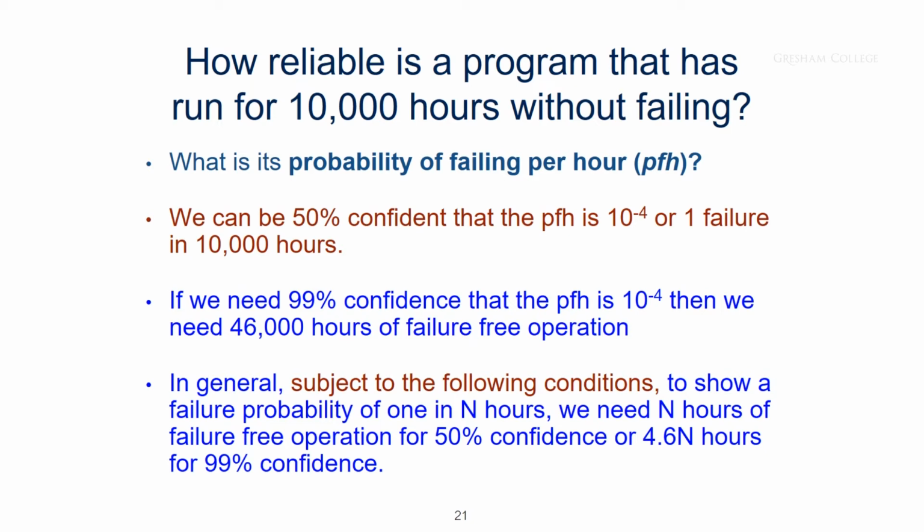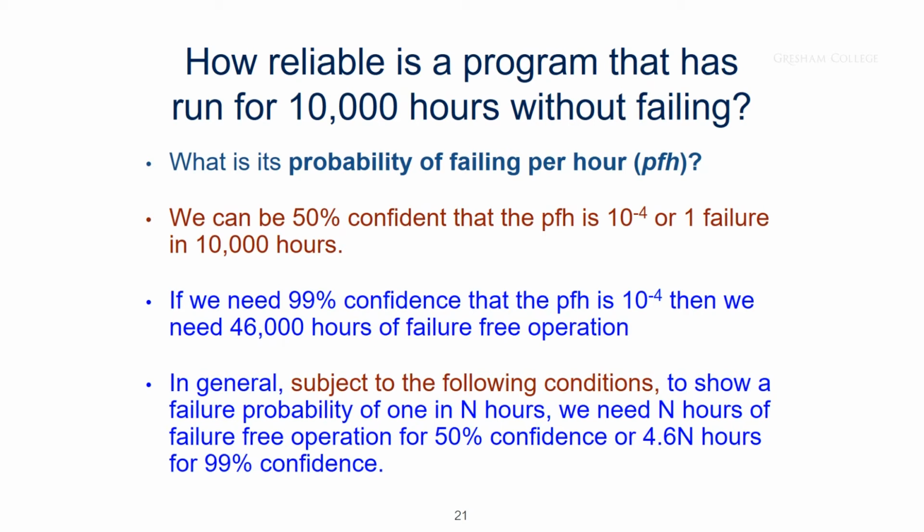And you can use that as a general rule of thumb: if you're looking for a probability of failure of 10 to the minus n, then if you only need 50% confidence, 10 to the n hours of fault-free operation will give you that confidence.